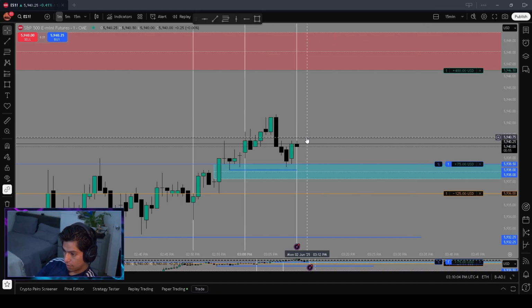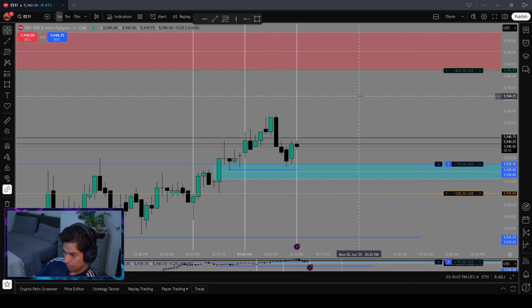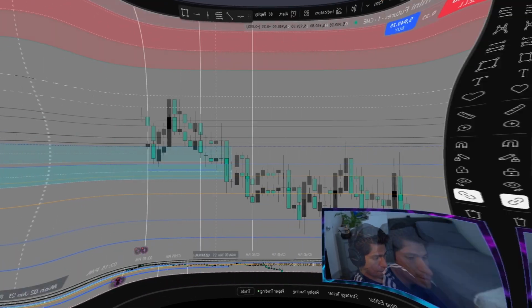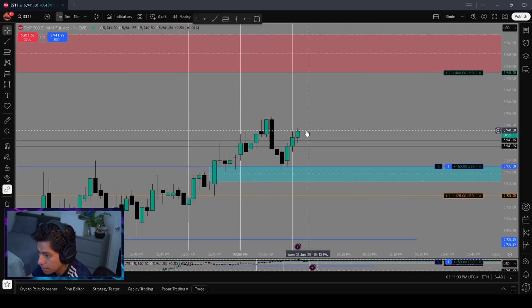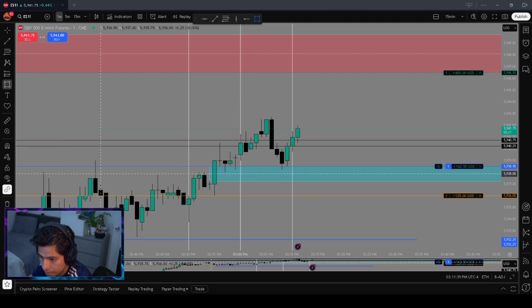All right, so right now we're in the last minute of the 20-minute macro. And now what I'm also looking at is if the bodies of the candle close above. I'm going to mark it out just so you guys can see.